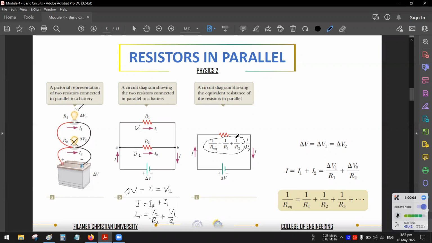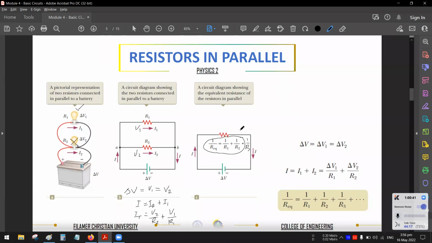So this expression shows that the inverse of the equivalent resistance of two or more resistors in a parallel combination is just equal to the sum of the inverses of the individual resistances. So furthermore, the equivalent resistance is always less than the smallest resistance in the group. So take note, no?